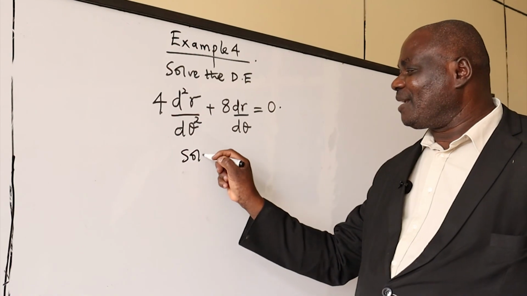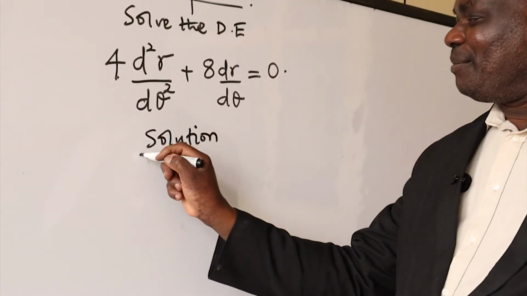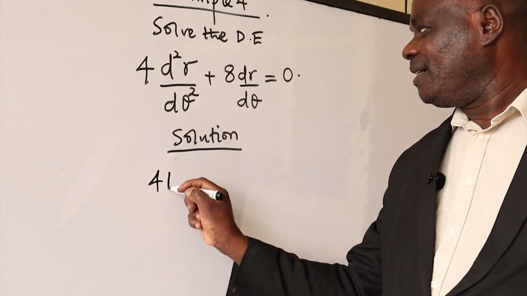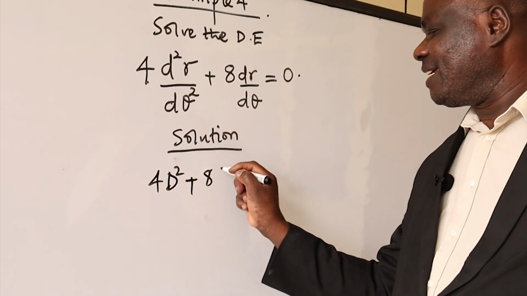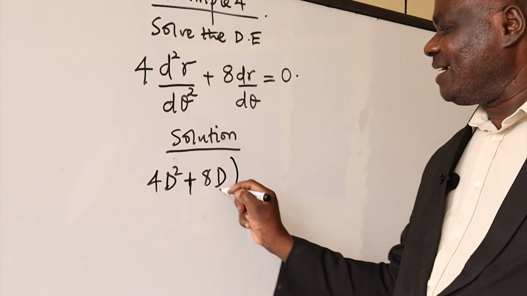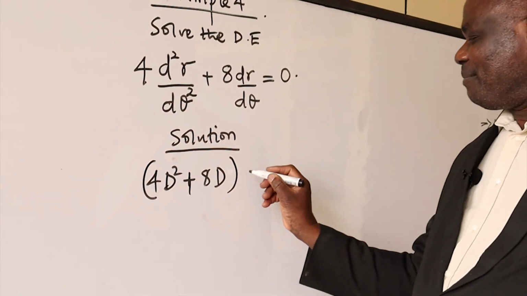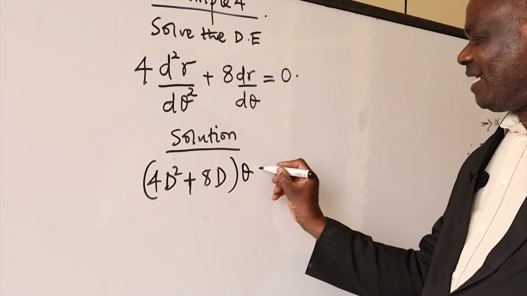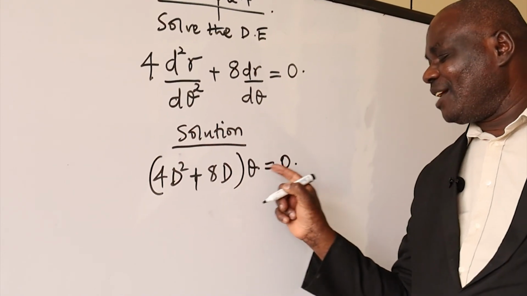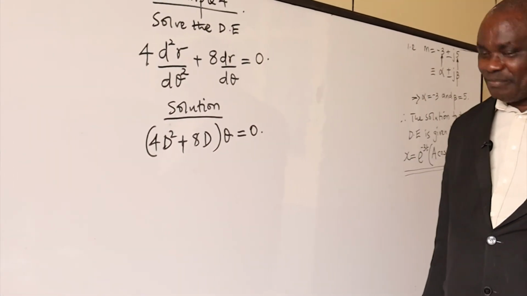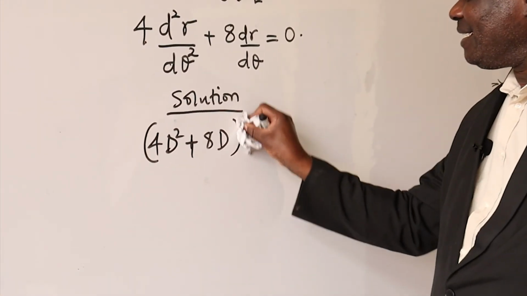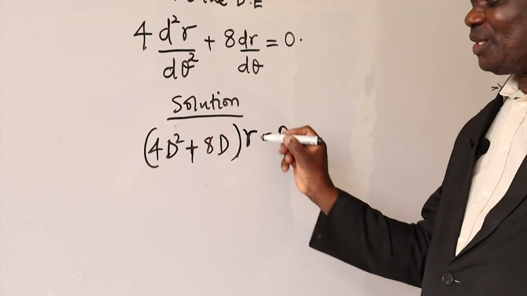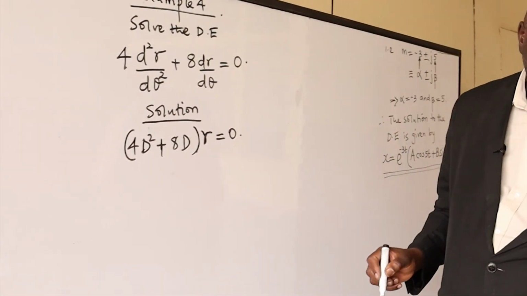So in our solution, this can be written as 4D squared plus 8D, this one multiplying r, and this is equal to 0. Our r cannot be 0 because that's what we are trying to solve for.